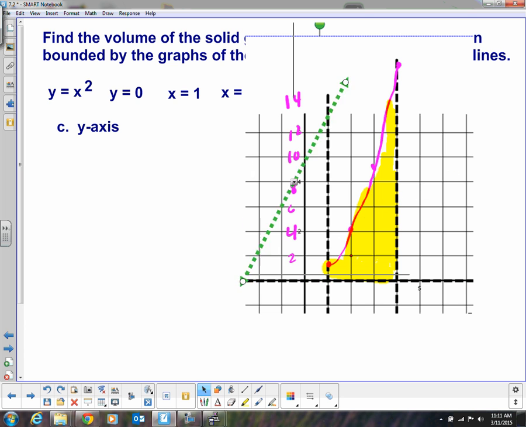Okay, so I have done this wrong. Y-axis. Is it a disc only, washer only, or both? Is it 1 washer or is it 2? It is 2 washers. Why is it 2 washers? It's 2 washers because here, look at the representative rectangles.